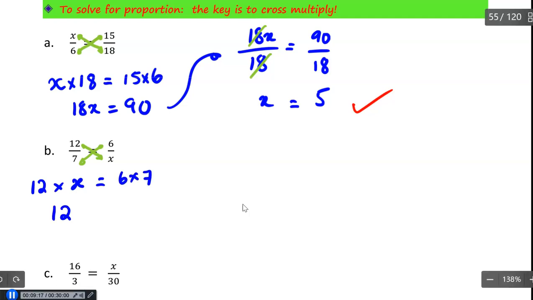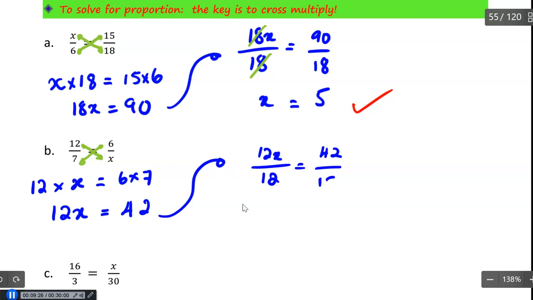So I should have 12x equal to 42. So I divide both sides by 12. Then I know that this and this cancel out. I just have x left. So 42 divided by 12, I should have 3.5.